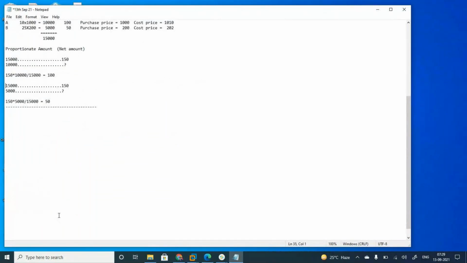Suppose if it is per line calculation, then it will be $75 here and $75 here. Then it will be 1007.5.